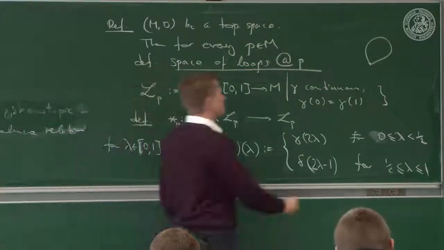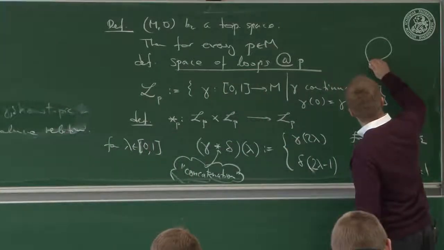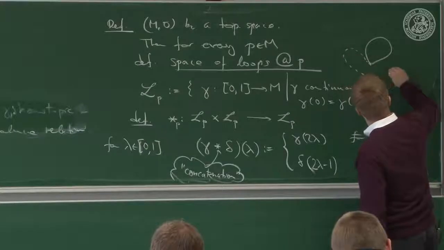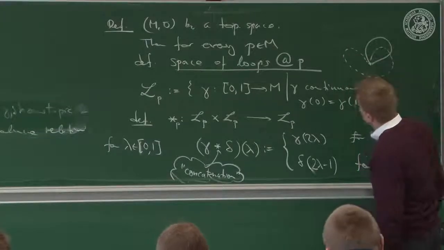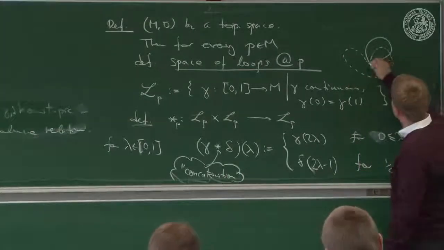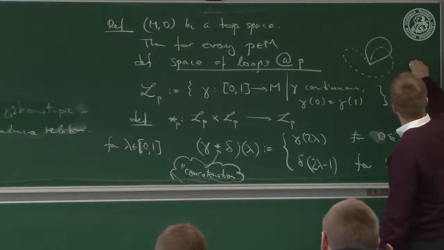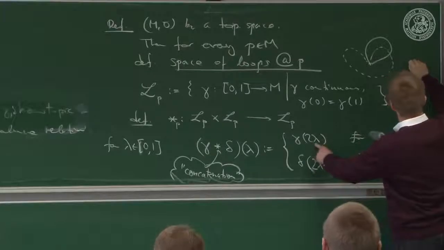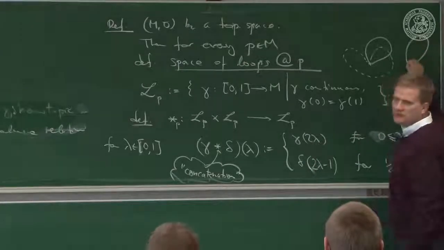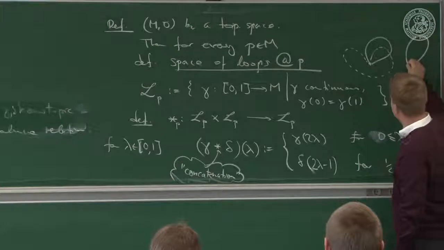And the intuition is you have one loop and you have a second loop, say this one. What you do, if you concatenate them, you get one loop that consists of the following: you run through the first loop at double speed. Well, speed doesn't matter to the topology.